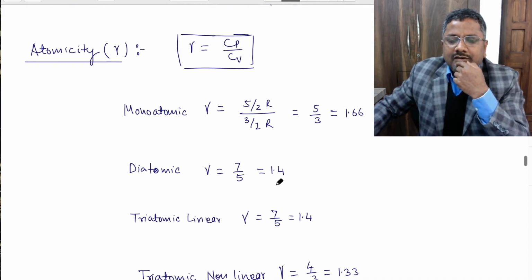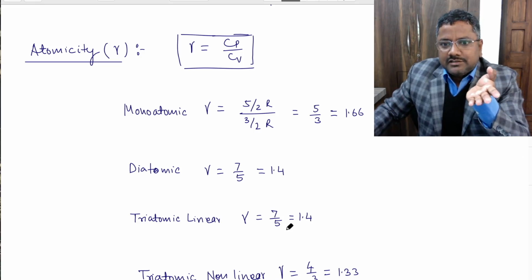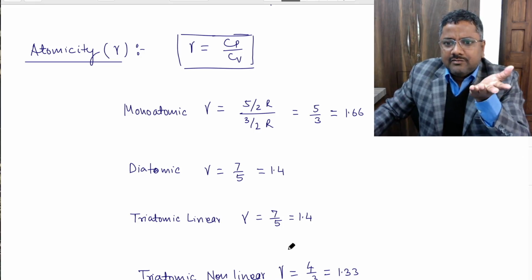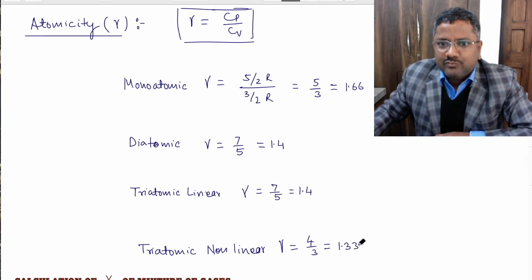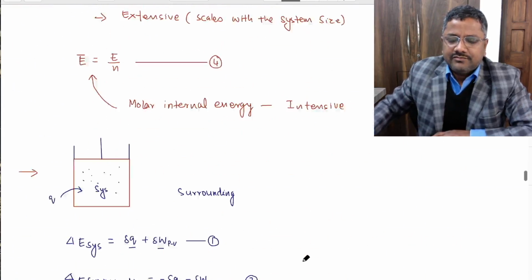For monoatomic 5 by 3, for diatomic 7 by 5, and triatomic linear 7 by 5. So diatomic and triatomic non-linear, we can take 1.33, 1.66, 7 by 5 and 4 by 3. Right?